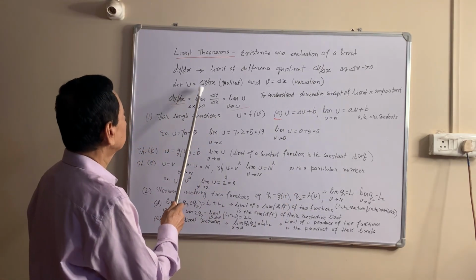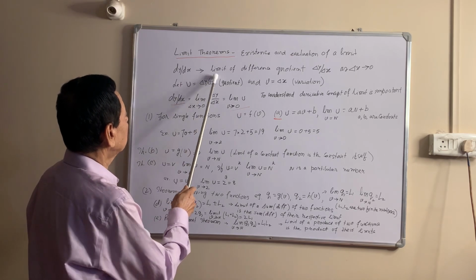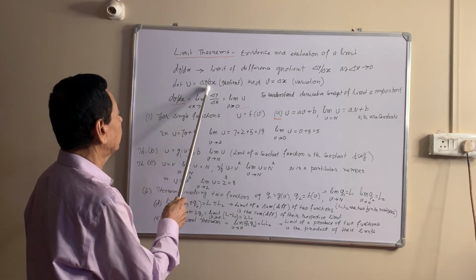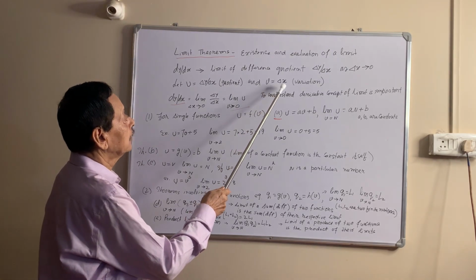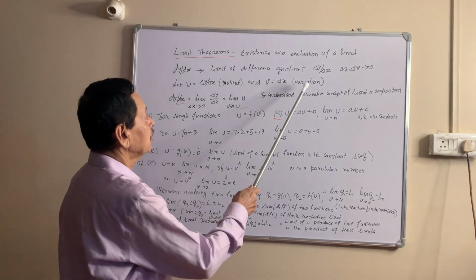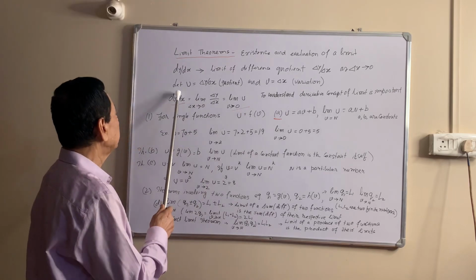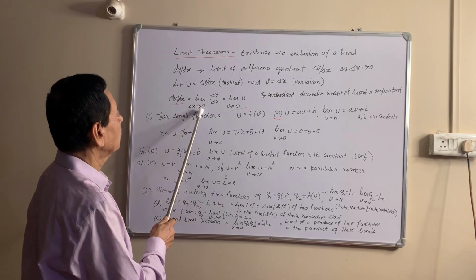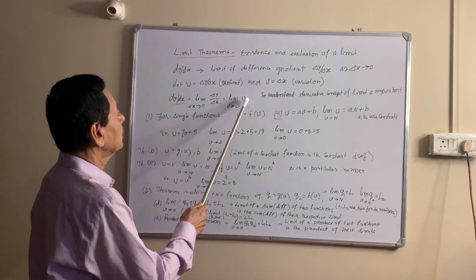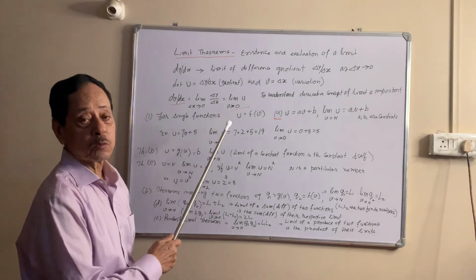So let u be this quotient delta y by delta x, and v equal to delta x, that is the variation. Then dy by dx, the limit as delta x tends to 0, is equal to the limit of u when v tends to 0.